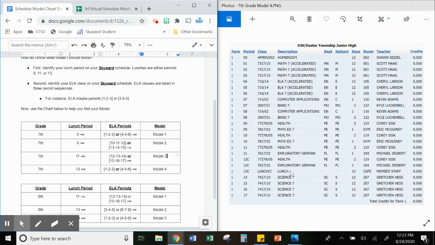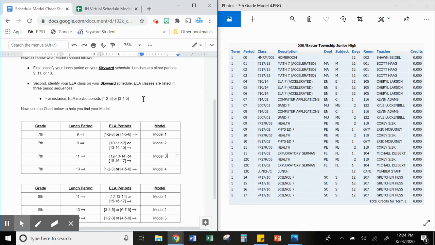But really, what's most important here is lunch, because if you're a 7th grade student and you have a 13 for your lunch period, then you will always be a Model 4 student. So 13 for your lunch period, you will be following our Model 4 schedule.